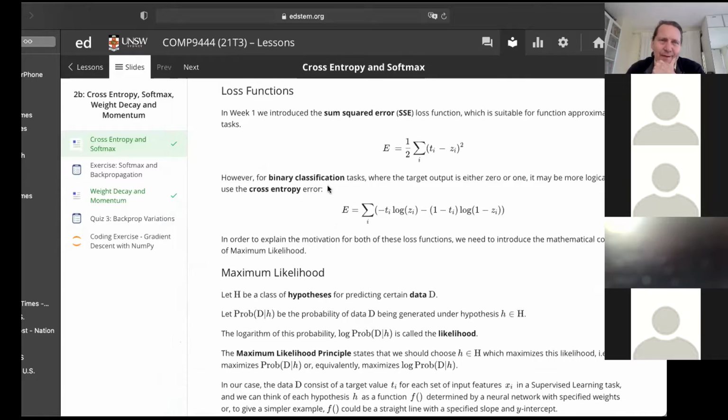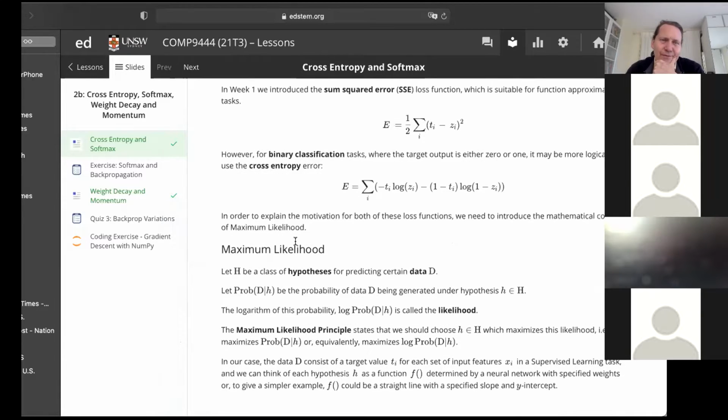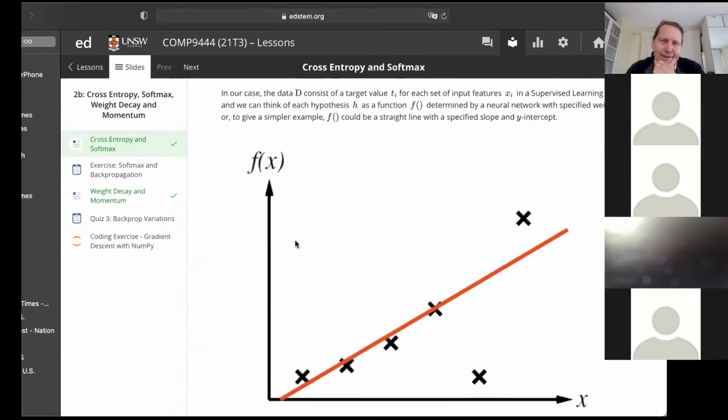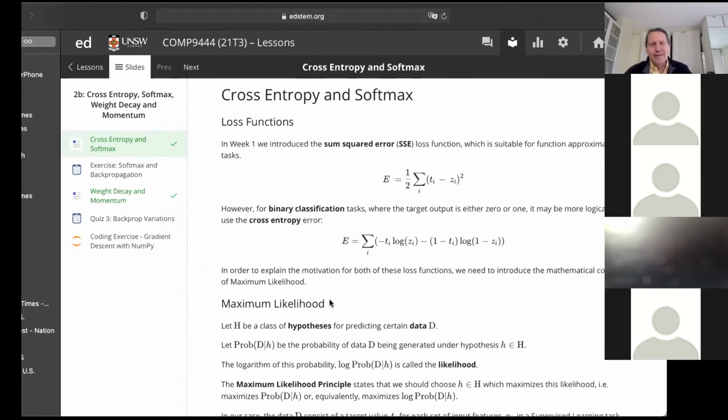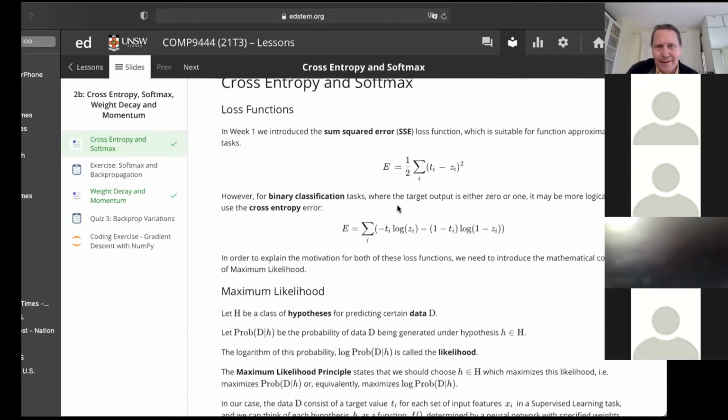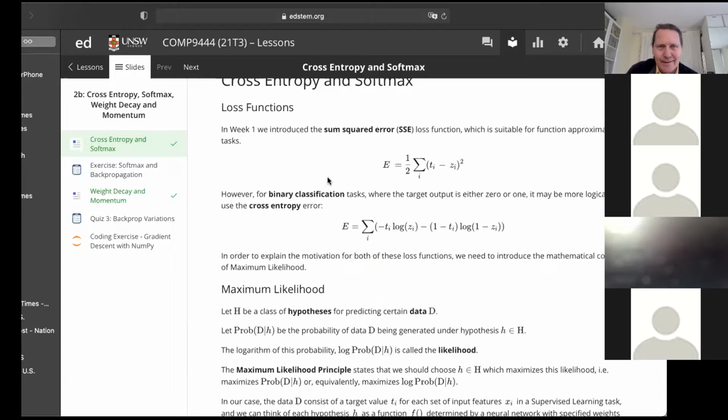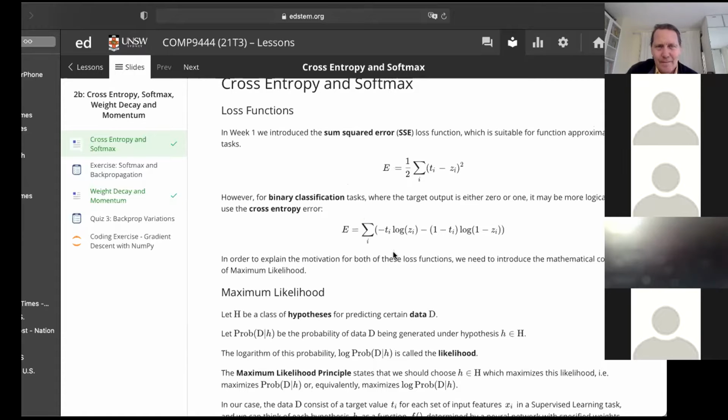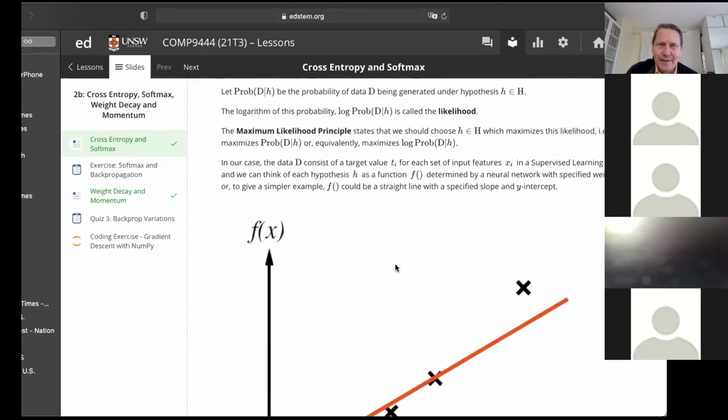So cross entropy, right, we'll be using maximum likelihood to derive the sum squared error and cross entropy.